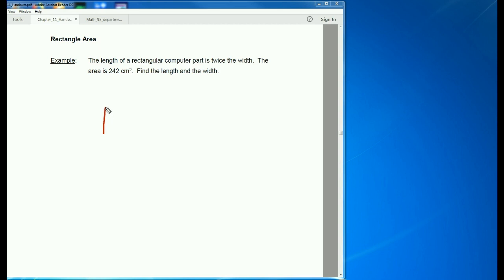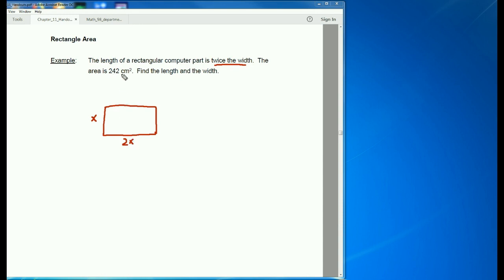Okay, so just start by drawing yourself a rectangle. We don't know either the length or the width, so let's just call the width x. And then we know that the length is twice that, 2x. So the length can be written as 2x.